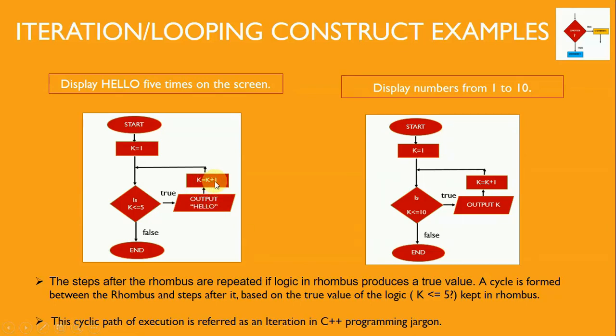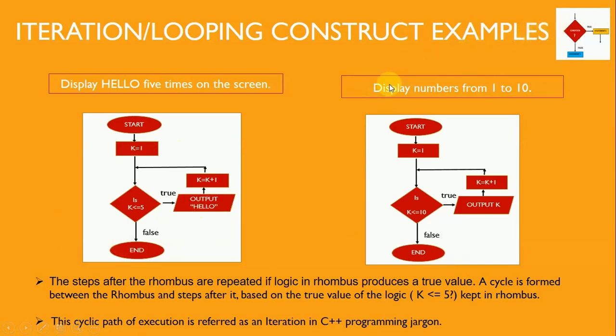K is again incremented by 1, and now k will become 6. So my control will move like this, and again it will check. As 6 is neither less than nor equal to 5, the condition will become false, and so it will follow this path, and my program will end. And the output of my program will be that it will display hello 5 times on the screen.